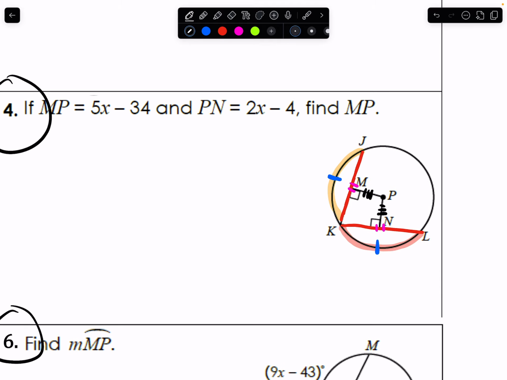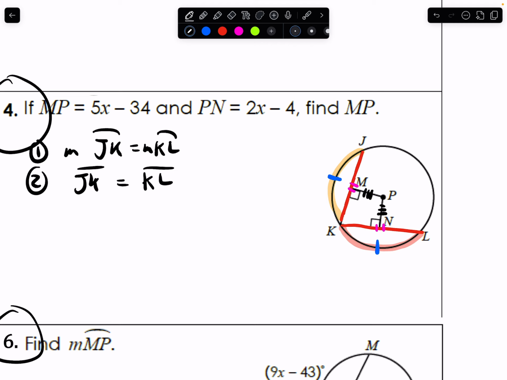Actually, let's take a step back and go from the top. We started off with arc JK is equal to arc KL. That's 1. 2 is, because the arcs are equal, the chords are equal, so chord JK is equal to chord KL.